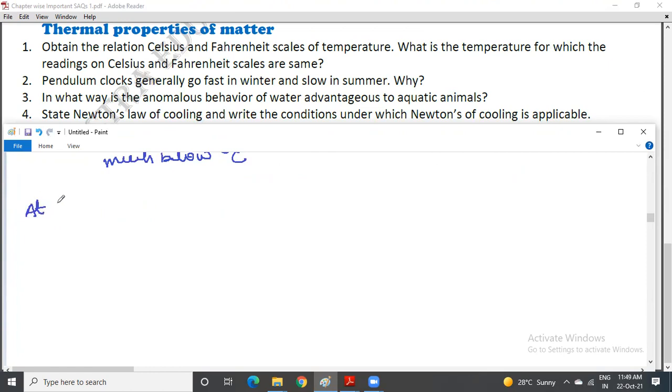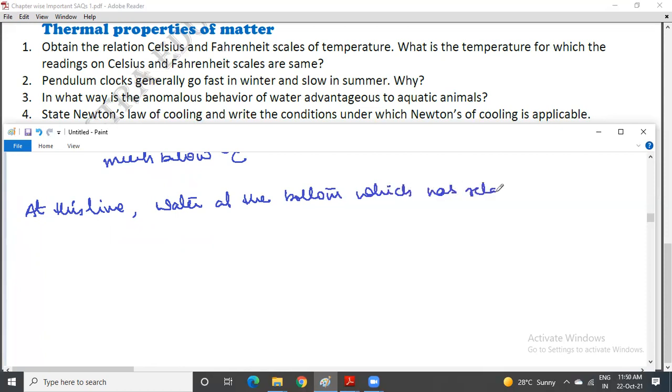At this time, water at the bottom, which has relatively more temperature, becomes lighter, means low dense, becomes lighter and goes up.